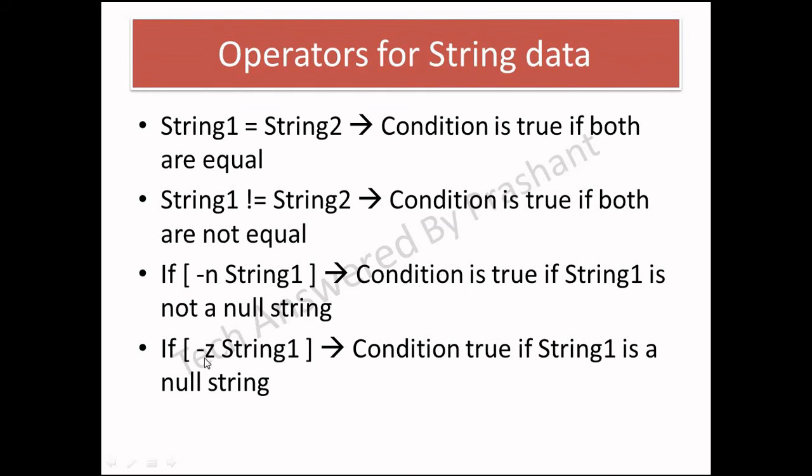And with -z, the condition is true if string 1 is a null string. Maybe I want to execute certain commands only if the string mentioned in the program is a null string, then only I want to execute my next statement. So I will use this kind of statement in my program. I will show the uses of all of these things that I am explaining here in the tutorial video.